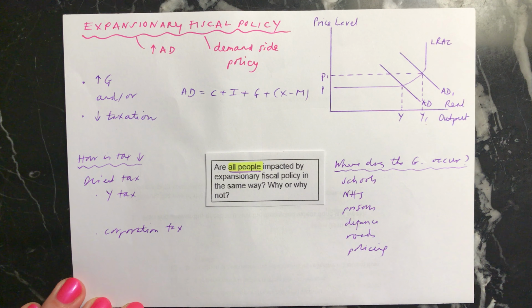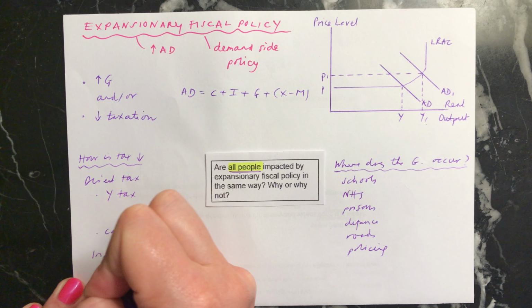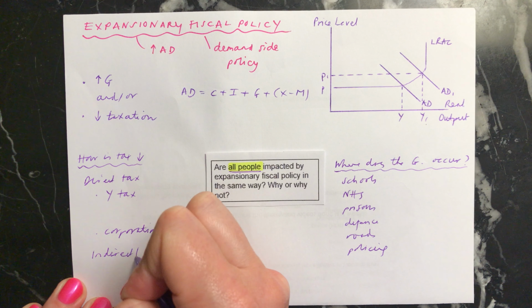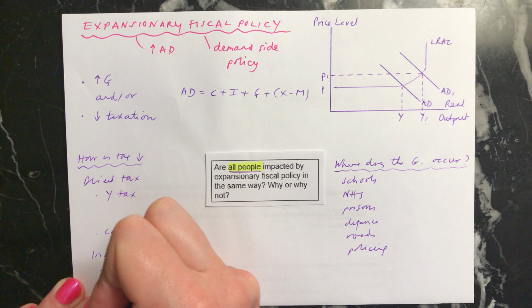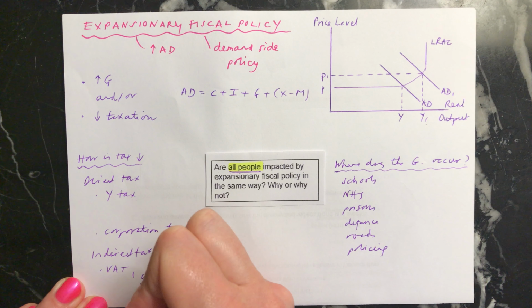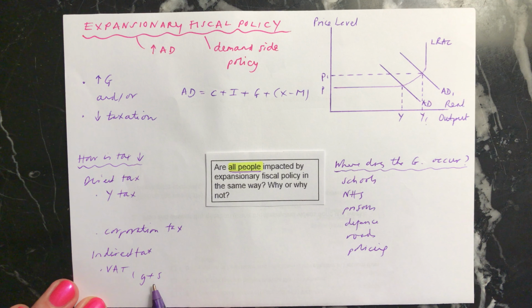Another thing to consider is, if it's indirect tax that they decrease. So indirect tax, for example, in the UK would be value added tax. Remember, that's paid on goods and services. And if VAT goes down, it will probably actually impact people on lower incomes more, because for them now products are going to be cheaper.